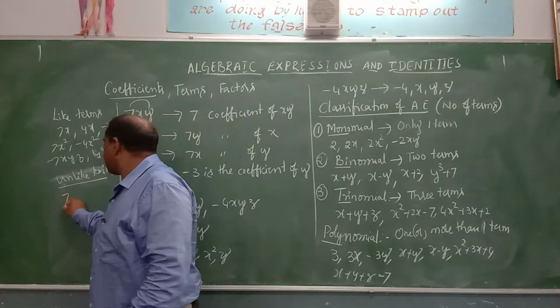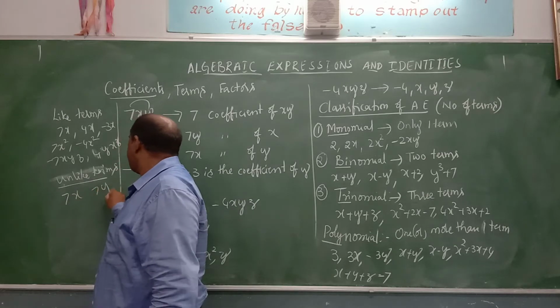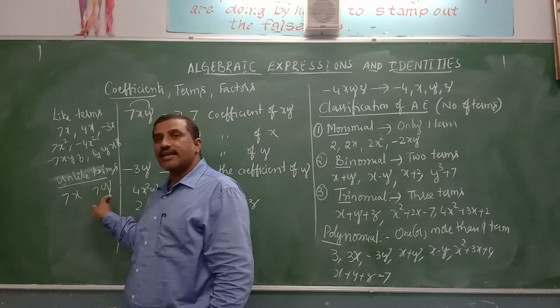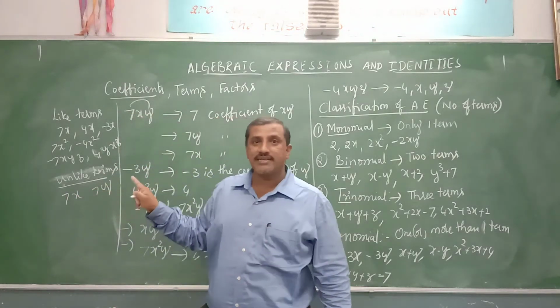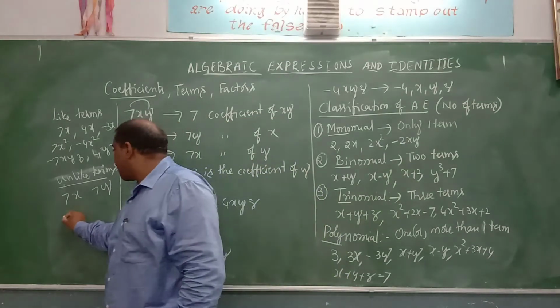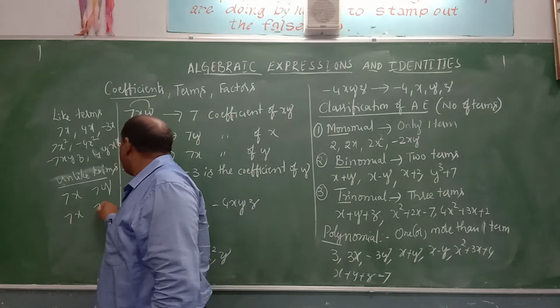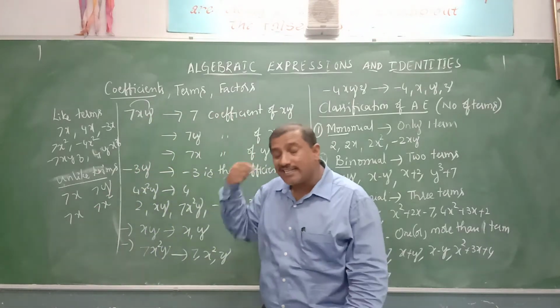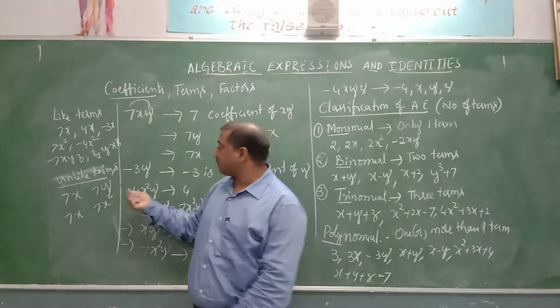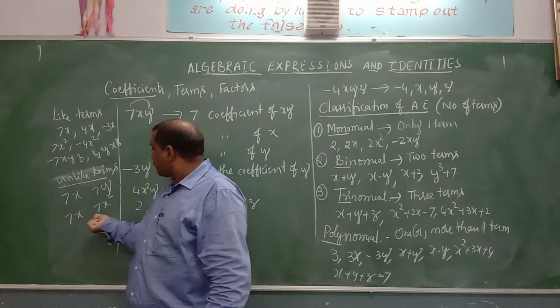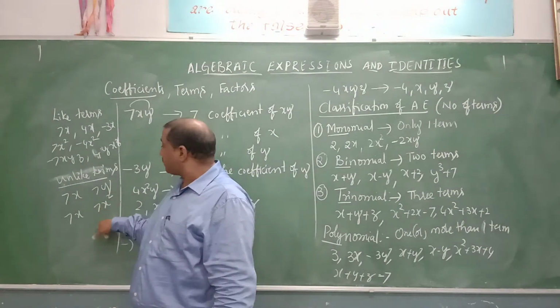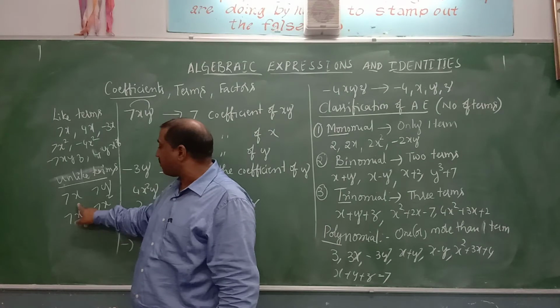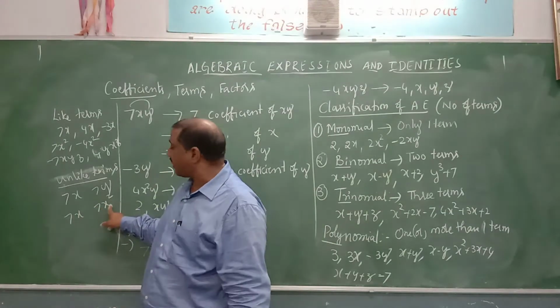Example, 7x and 7y. They have different variables x and y, so they are not like terms, they are unlike terms. Similarly, 7x and 7x square. Are they like terms? No, because they have the same variable x, but their powers are different. In the first term the power is 1, whereas here the power is 2.